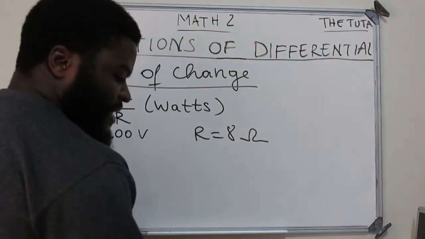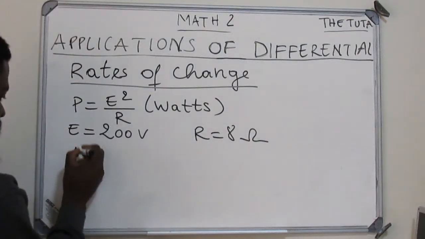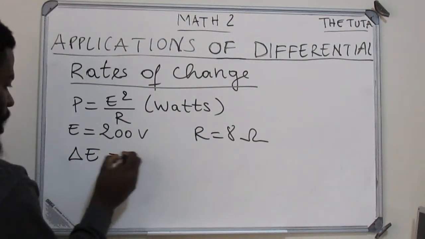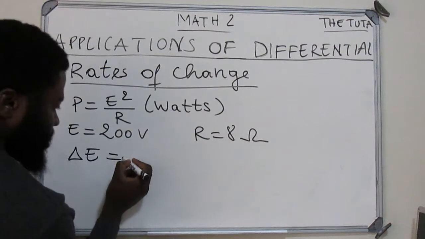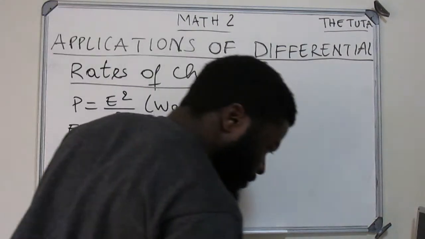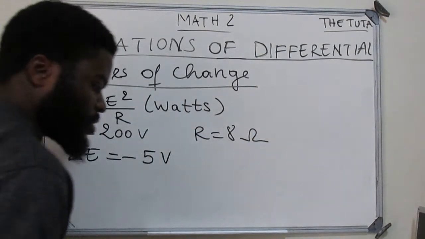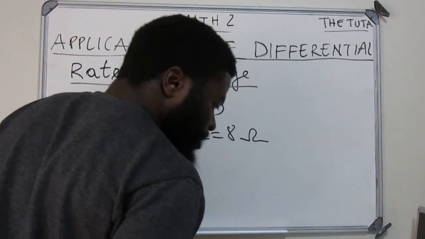Now here they say E is decreased by 5 volts. So this is the rate of change in E. The rate of change in E is decreased by 5 volts, so it's going to be negative 5 volts. And R is decreased also by 0.2 ohm.